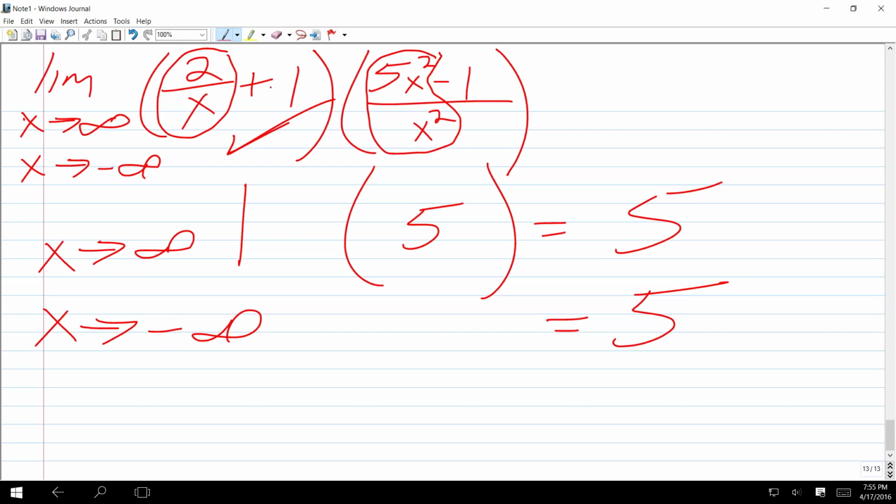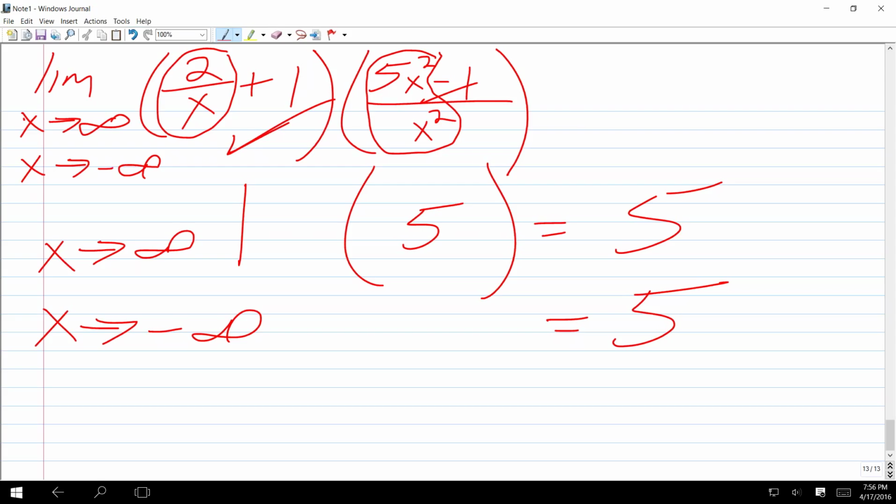Whenever you have fractions like this, you can zero out any part of the fraction where the denominator is going to blow up. Unless, of course, you have the same power in the numerator and the denominator, and then it's the ratio of the coefficients.